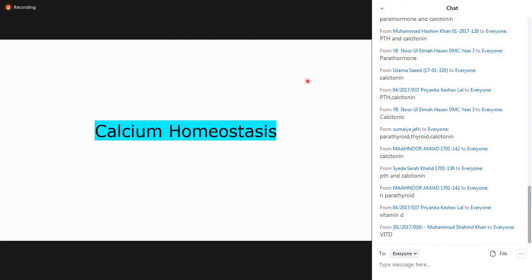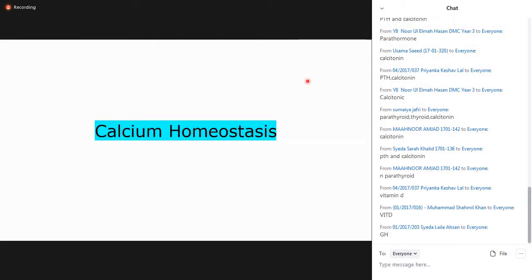So we have three major hormones: parathyroid hormone, calcitonin, and the effect of vitamin D. Growth hormone, yes, to an extent, but for calcium metabolism, not directly. So these are some of the hormones which are involved.